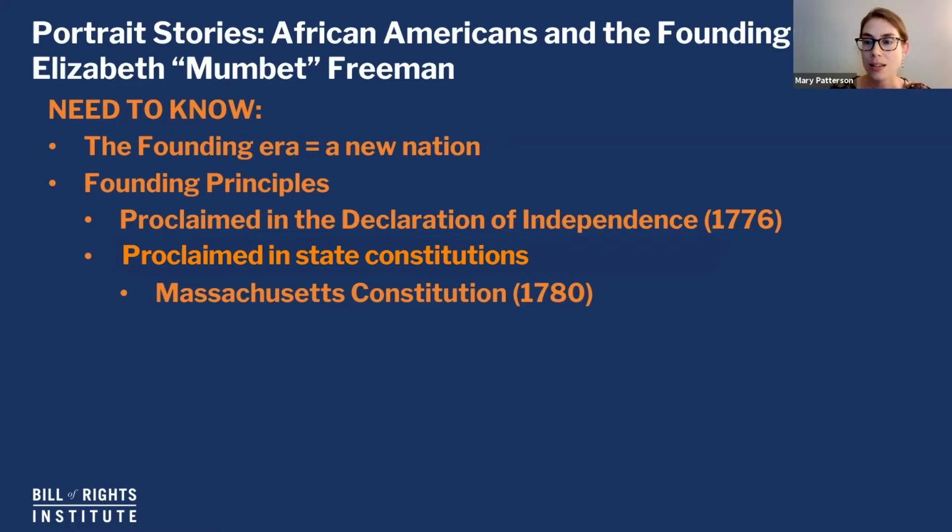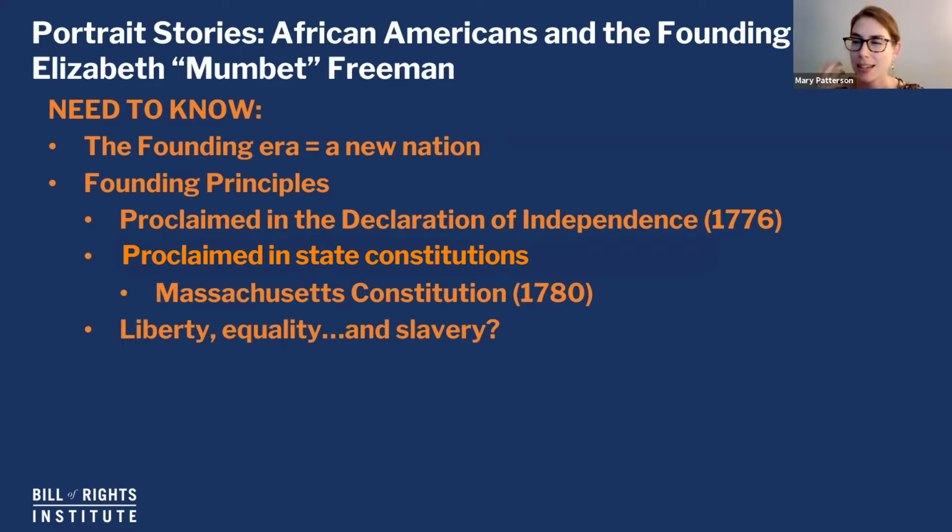But other state constitutions in this same time period seize on this language. I'm using the Massachusetts Constitution from 1780 as an example. Article 1 states, all men are born free and equal, and have certain natural, essential, and unalienable rights, among which may be reckoned the right of enjoying and defending their lives and liberties.